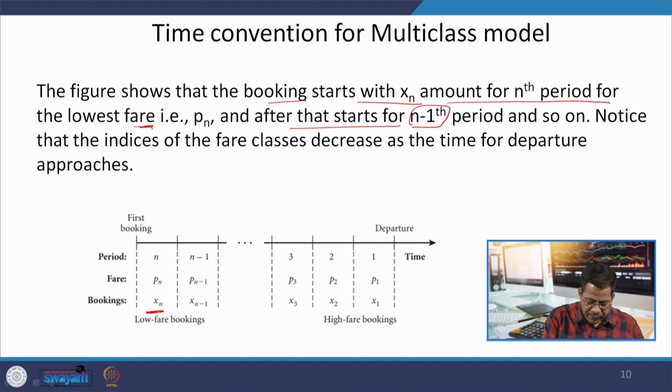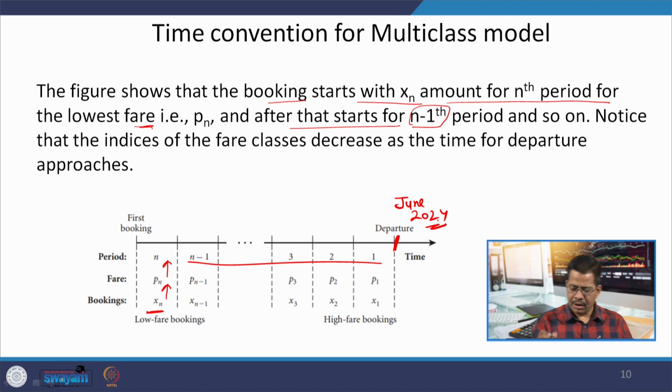So it is xn for this particular fare class, which is the lowest, and it will continue for n periods. As we come closer to the time of departure of the flight, you have divided the time zones also. Maybe if I am starting my booking, let us say this is the time of departure, June 2024, and I start my booking, let us say, in March 2024.